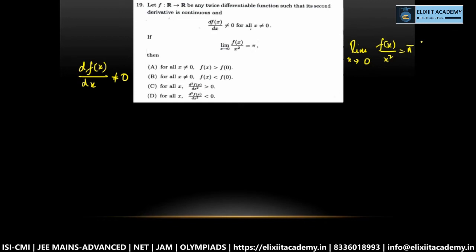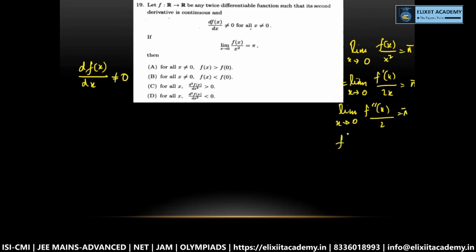Now what we can do is derive the condition using L'Hopital's rule: limit as x tends to 0 of f prime x by 2x equals pi, from which we'll get limit as x tends to 0 of f double prime x divided by 2, that is pi, right?